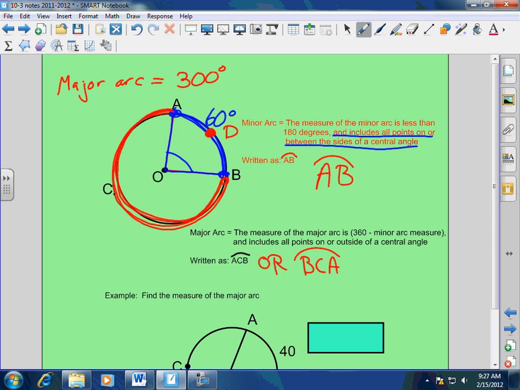You wouldn't say ADB. You only include the third point with a major arc. So again, you'd have AD, you'd have DB, or you have AB, or BA, because it's a minor arc, so it does not matter that you have that in the middle. You need that third point for the major arc.